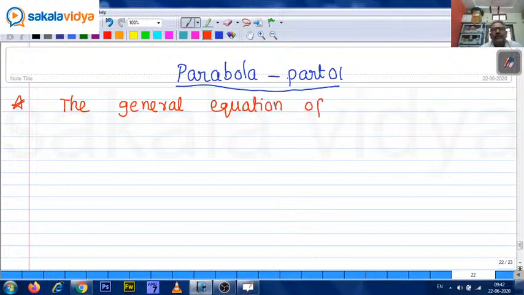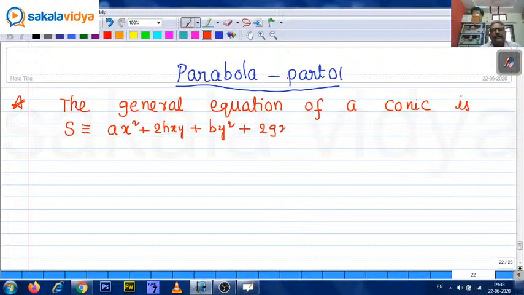General equation of a conic is S equals ax square plus 2hxy plus by square plus 2gx plus 2fy plus c equals 0, a second degree equation in x and y.